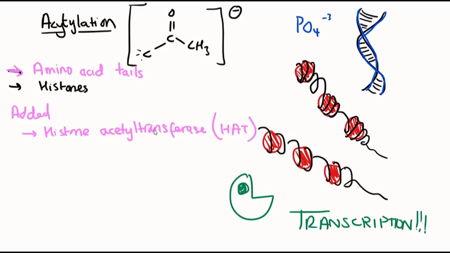This is a bit higher than A-level biology, maybe degree level biology. And it's removed by the enzyme histone deacetylase, which is HDAC. And that's acetylation and methylation done.